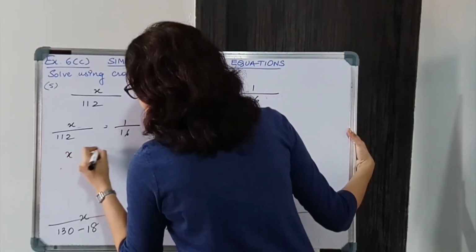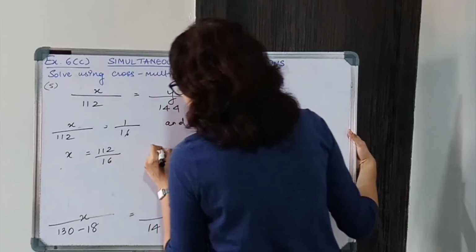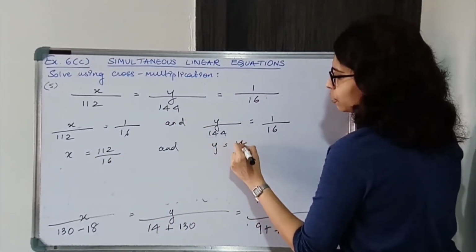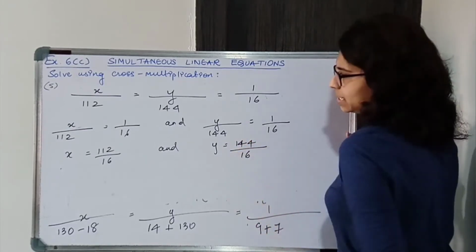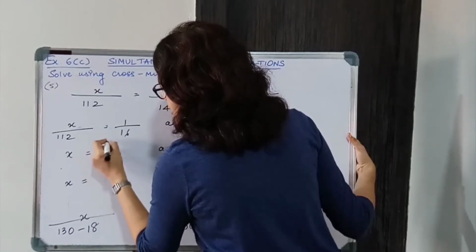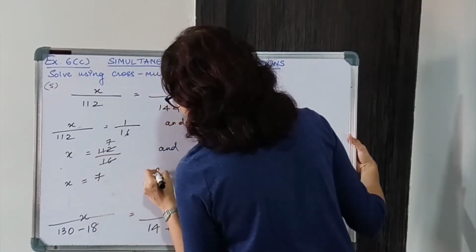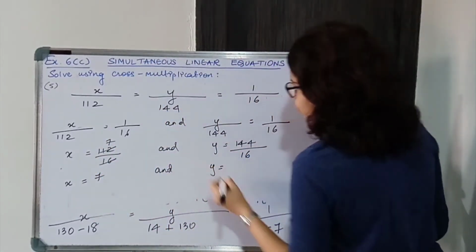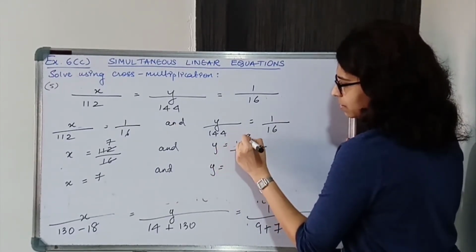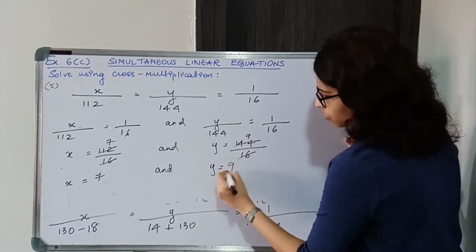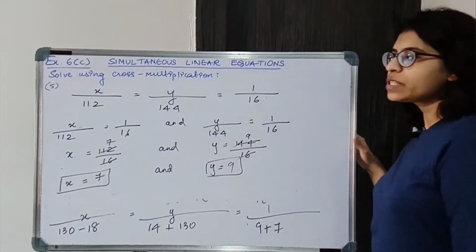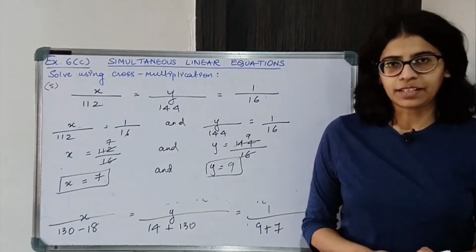So x is equal to 112 upon 16 and y is equal to 144 upon 16. So x is equal to 16, 7s are 112 and y is equal to 16, 9s are 144. So y is equal to 9. So x is equal to 7 and y is equal to 9.